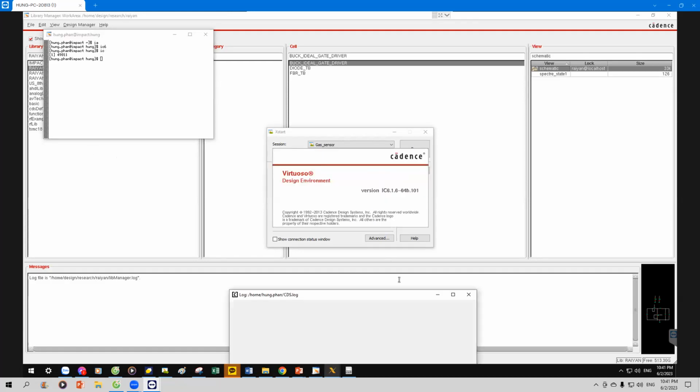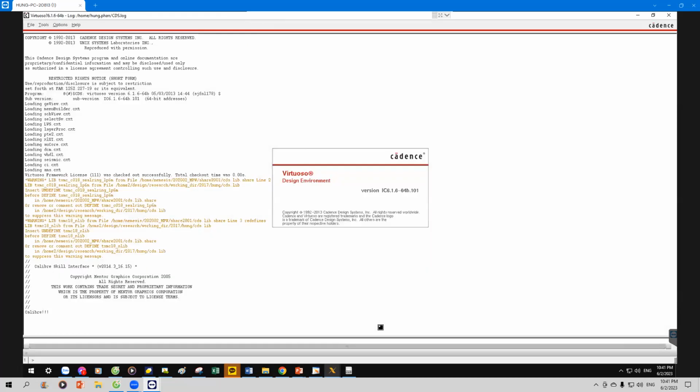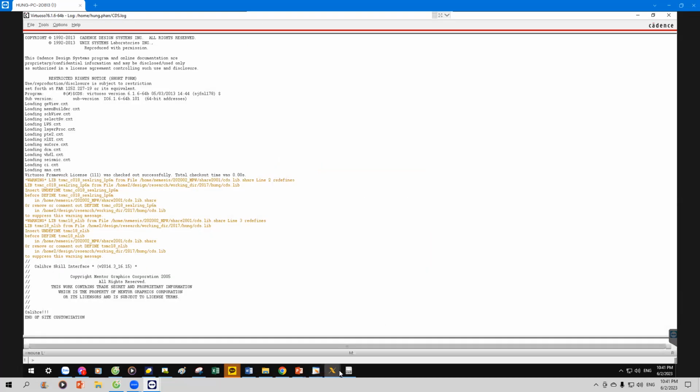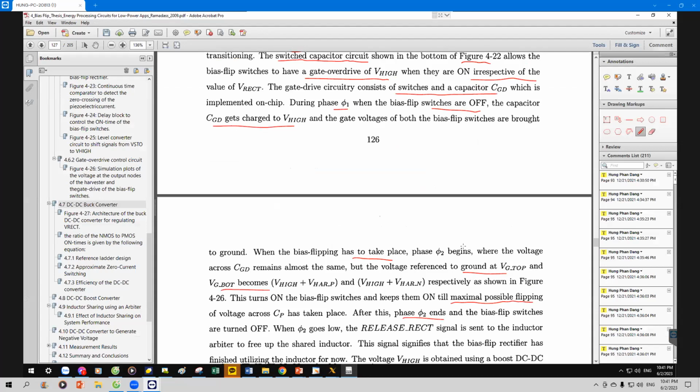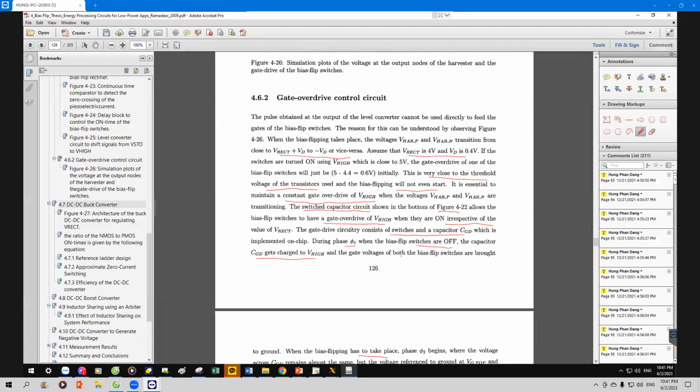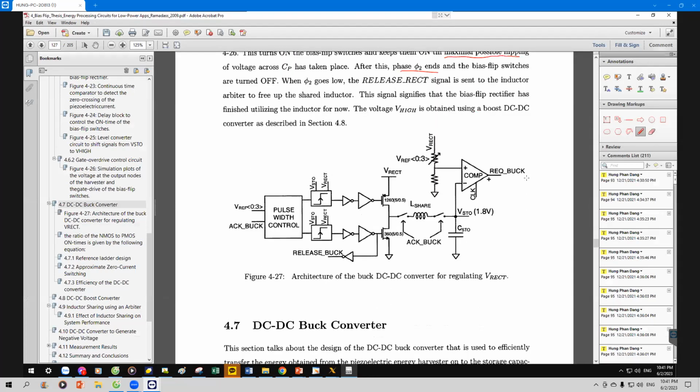My comparator is the same type. So do you remember in our comparator what kind of comparator we use? Digital or analog? In our case, analog? Not analog, sorry. It's dynamic. Dynamic comparator.